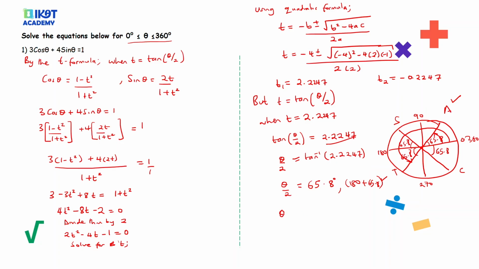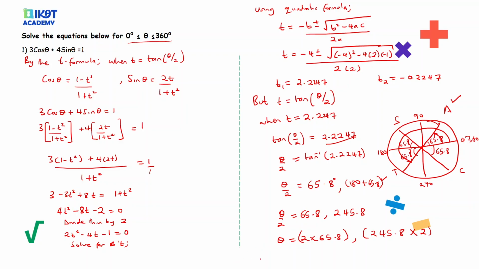So we're going to have theta out of 2 being 65.8, comma, 245.8. So theta is going to be 2 times 65.8, comma, 245.8 times 2.